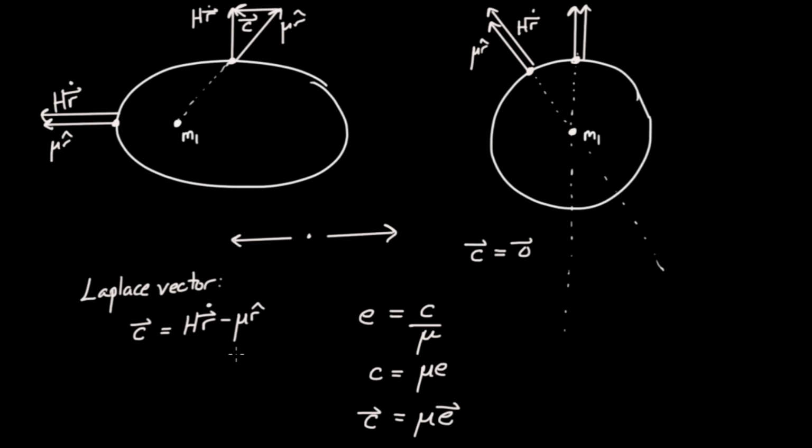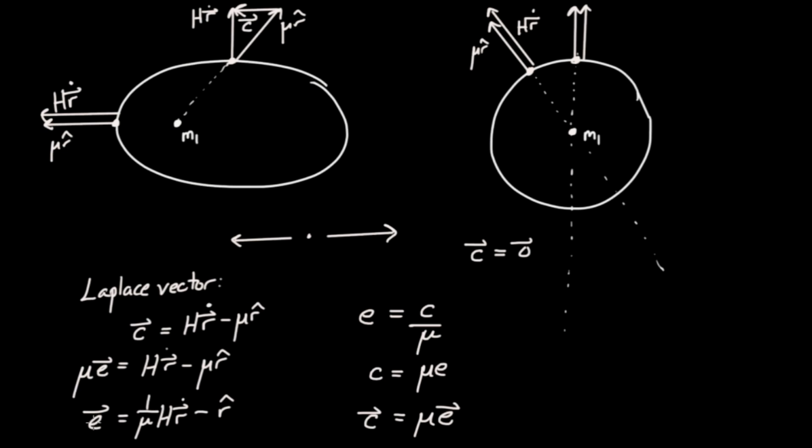Now I can go over here, take this vector, go over here. Instead of saying that this right-hand side is equal to the vector c, I could say it's equal to mu times the eccentricity vector is equal to h r dot minus mu r hat. I can divide both sides by mu and say that the eccentricity vector is equal to 1 over mu times h r dot minus r hat. Just doing a little rearranging here.